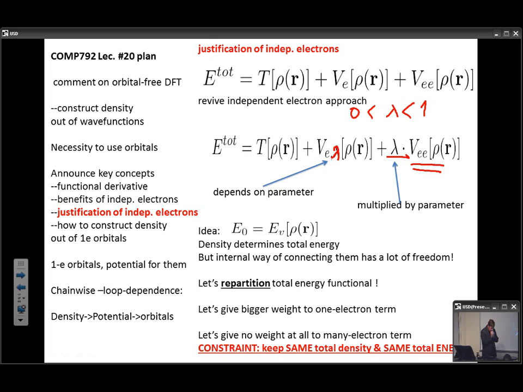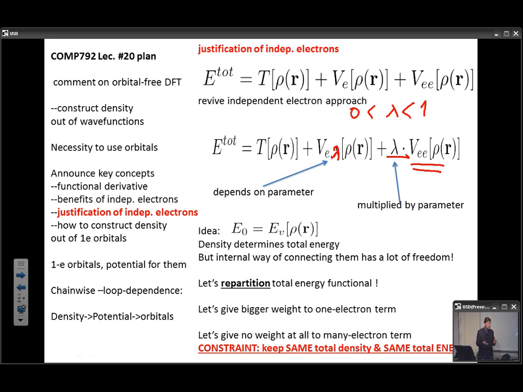The idea of this trick is that they suggested to repartition the weights, the relative contributions of the one electron term and the many electron term. And they suggested to repartition the weight of these contributions in such a way that the total density stays the same and total energy stays the same. So we repartition the contribution of terms, but keep the sum the same.